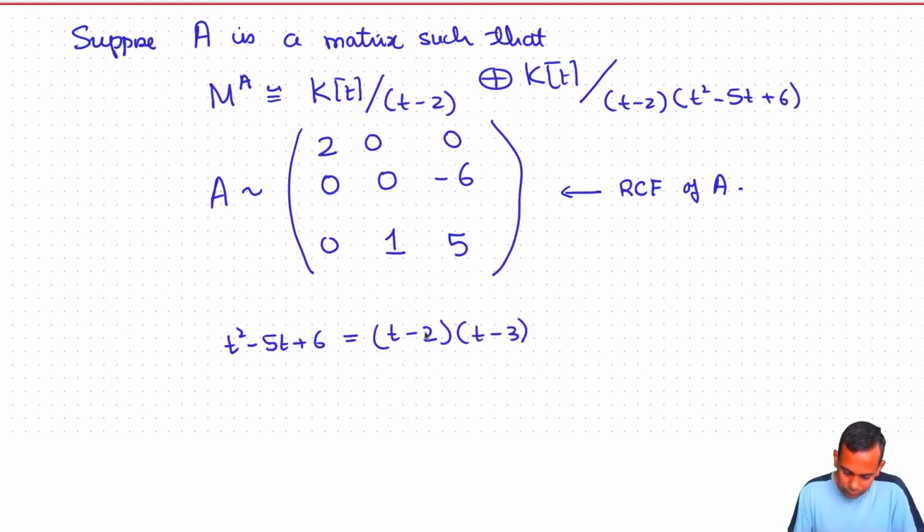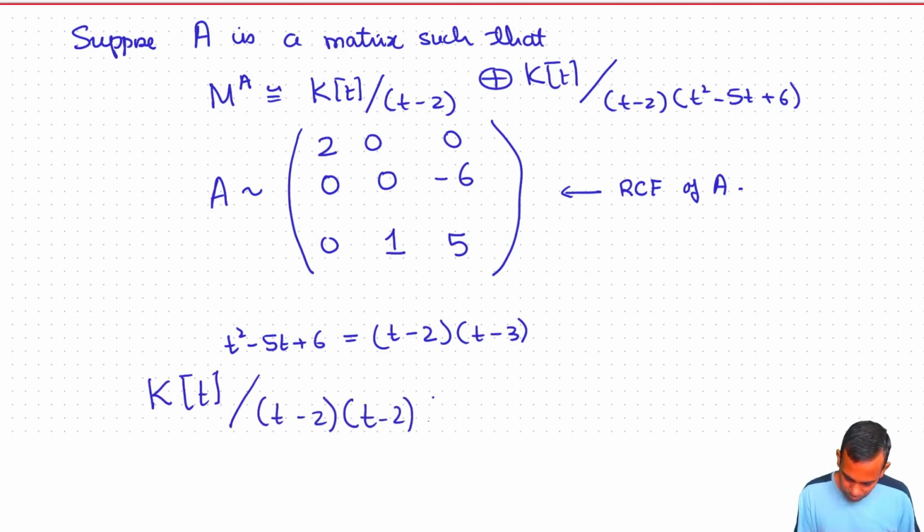So, what if we want to break this up into primary parts, we need to separate out the t minus 2 primary part and the t minus 3 primary part. Now by the Chinese remainder theorem, what we get is kt mod t minus 2 into t minus 2 into t minus 3. That is this second factor over here.